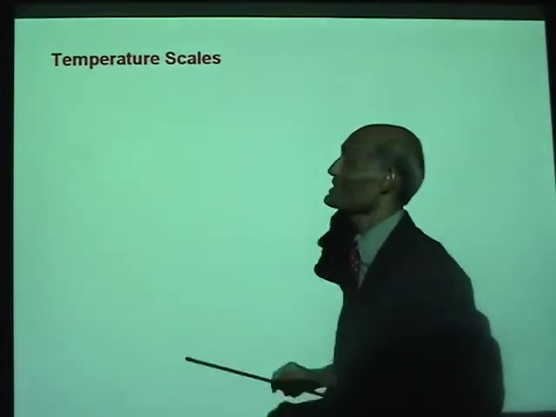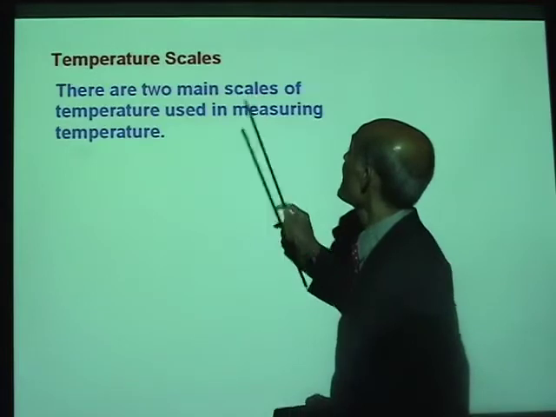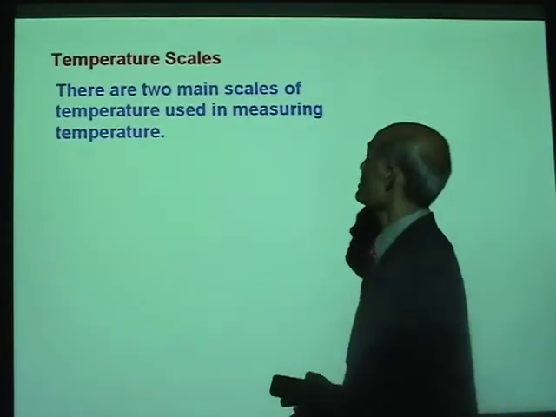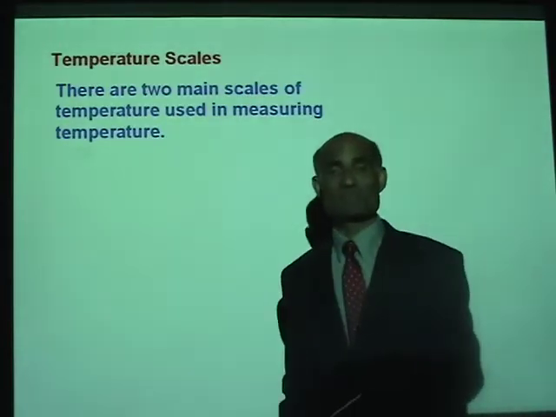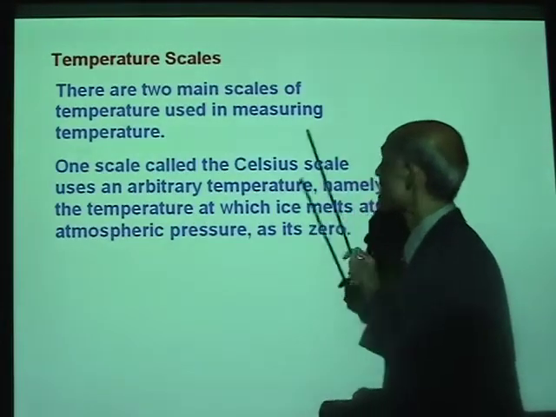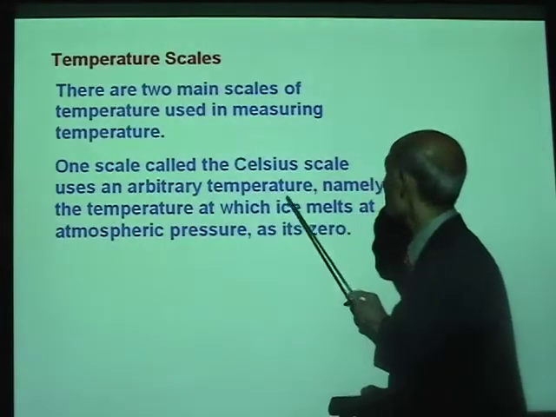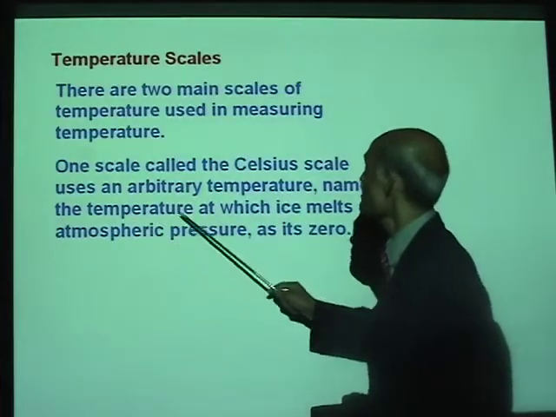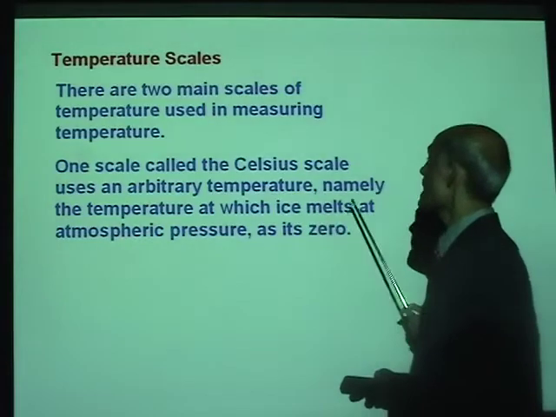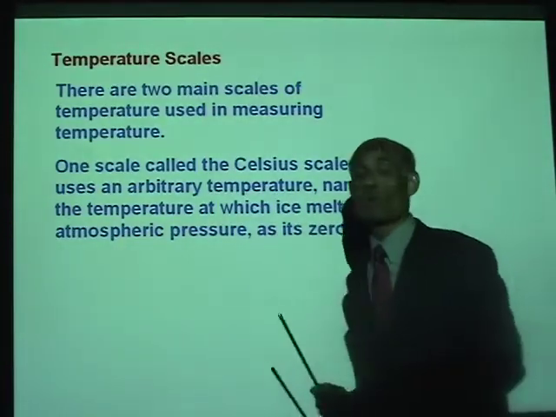Let's now talk about temperature scales. There are two main scales of temperature used in measuring temperature. What are they? One scale is called the Celsius scale, and it uses an arbitrary temperature, namely the temperature at which ice melts at atmospheric pressure, as 0.